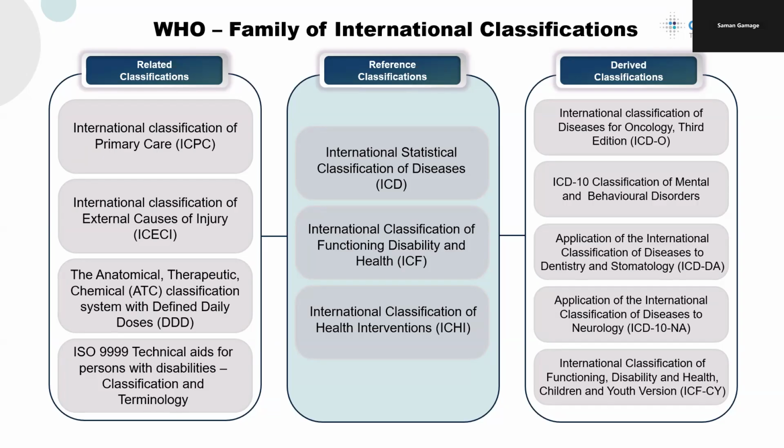So there are derived classifications for oncology, for mental and behavioral disorders, for dental stomatology, dental adaptation, and then there's a neurological adaptation. So those are derivations of reference classifications. And there are also related classifications like ICPC, International Classification of Primary Care, International Classification of External Causes of Injury, and so on.